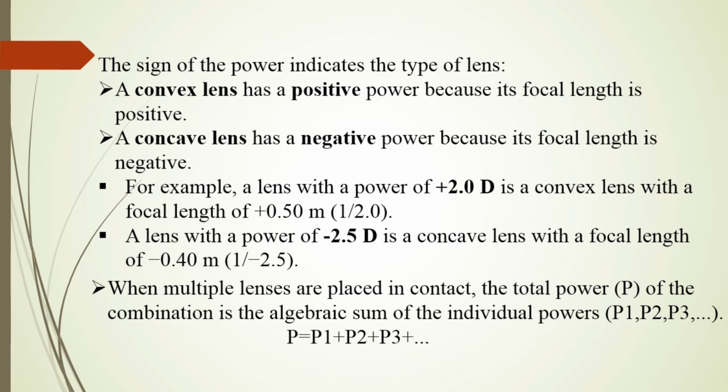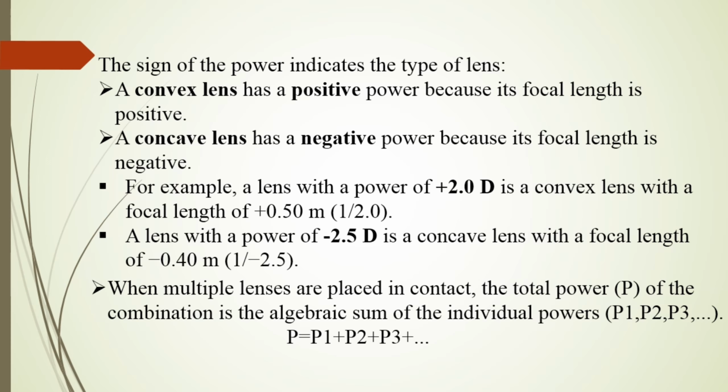For example, a lens with a power of plus 2 diopters has a focal length of plus 0.5 meters. This means it is a convex lens that focuses light at half a meter. Conversely, a lens with a power of minus 2.5 diopters has a focal length of minus 0.4 meters.